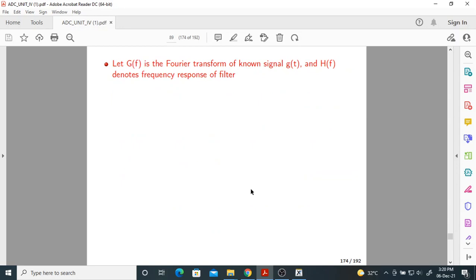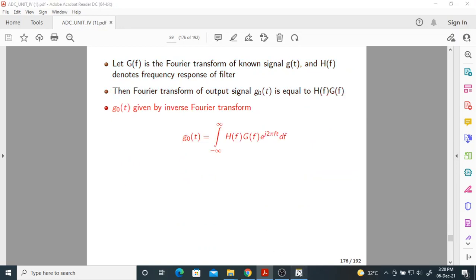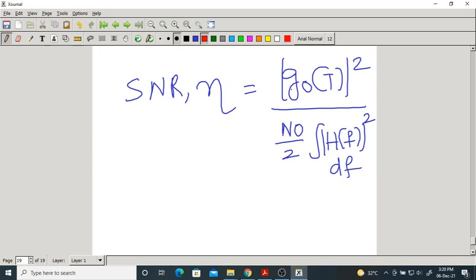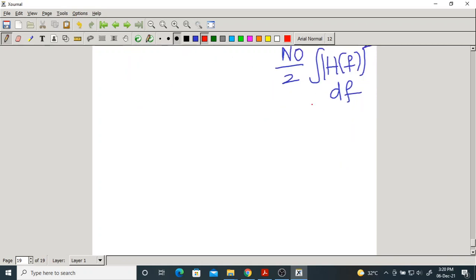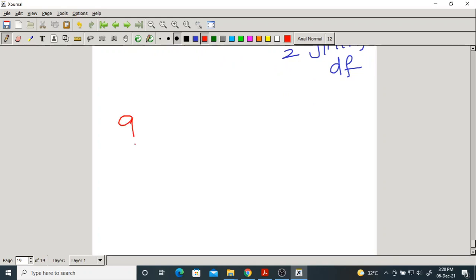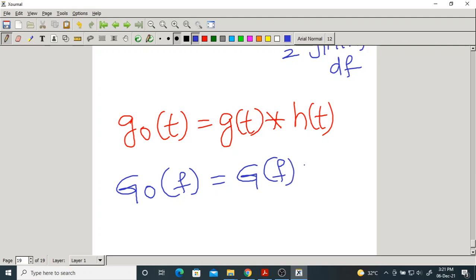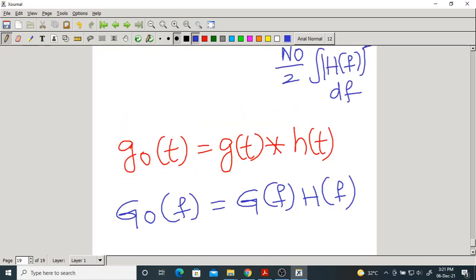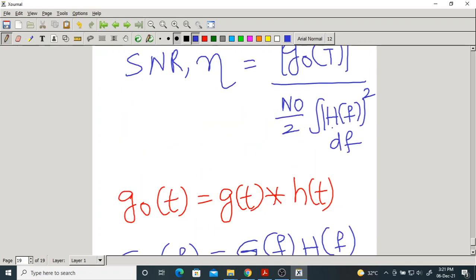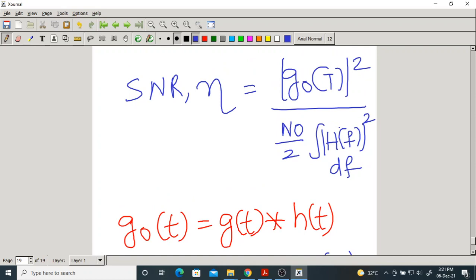But we have to calculate what is G naught of capital T. Please be careful. Before that, what is G naught of t? It is G of t convolution h of t. If you take the Fourier transform, what do you get? G naught of f equals G of f into H of f. Now, in the denominator we have mod H of f whole square, so in the numerator also I want H of f.